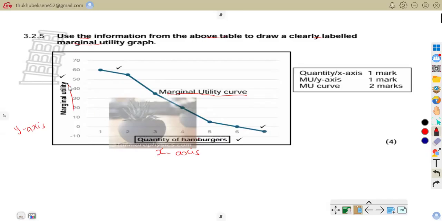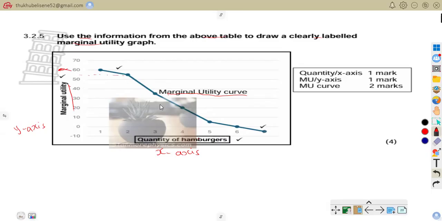So the first hamburger gives very high satisfaction, that is around 60 here. But when you come to the second hamburger, it gives slightly less satisfaction, that is around 55 here.